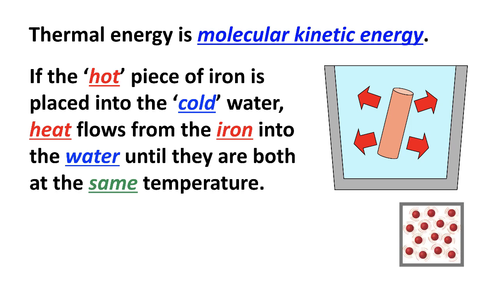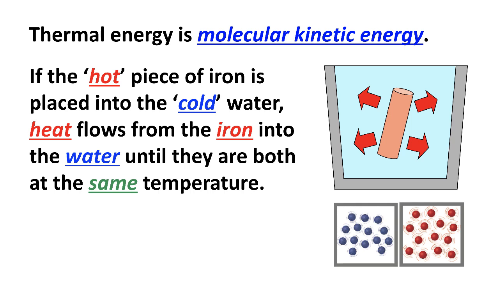And on a molecular or atomic level, what happens is when we place the hot iron in contact with the cold water, the fast-moving iron atoms bump into slower-moving water molecules, and they transfer some of their kinetic energy or energy of motion.